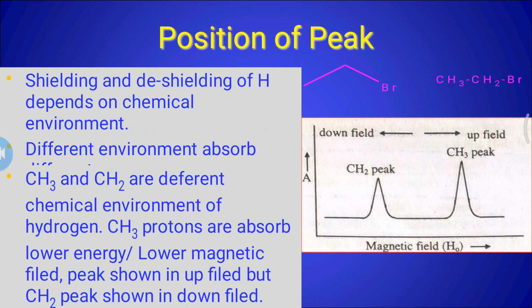Next is the position of peak or chemical shift delta. Here the example is ethyl bromide, CH3CH2Br. There are two types of protons, so two types of signals are observed, because CH3 and CH2 are chemically not equivalent, they are in different chemical environments. CH2 is attached to bromine, a highly electron withdrawing, highly electronegative group. It withdraws electron density from the CH2 group as compared to CH3.